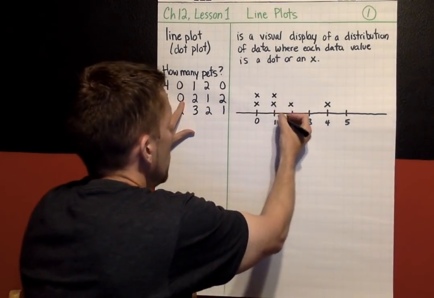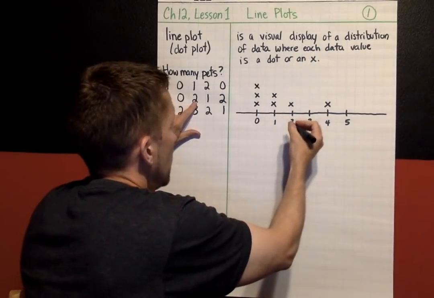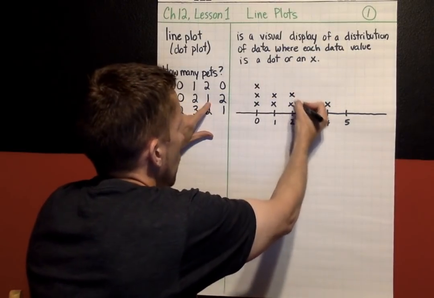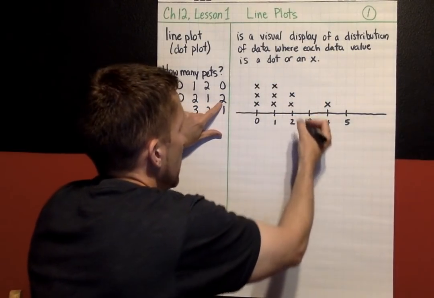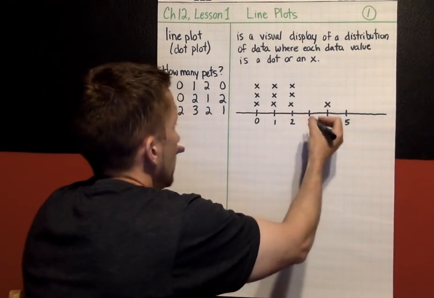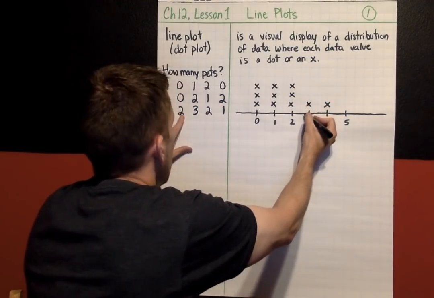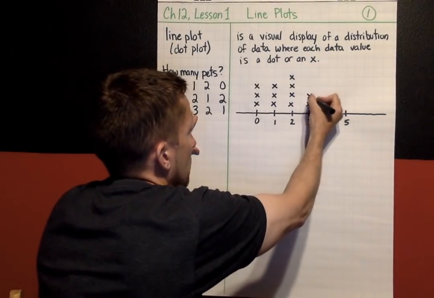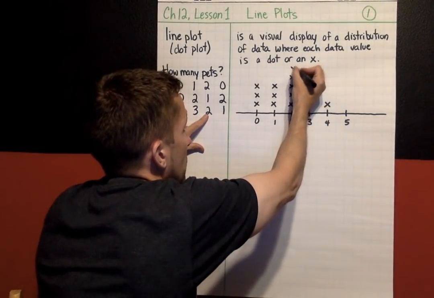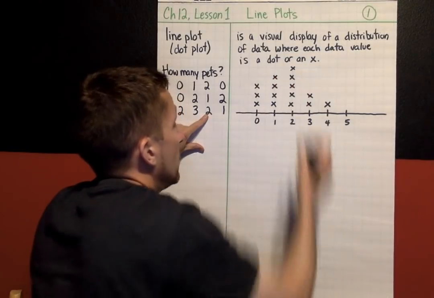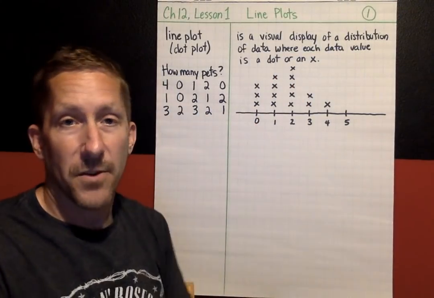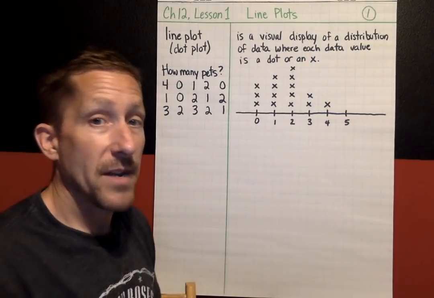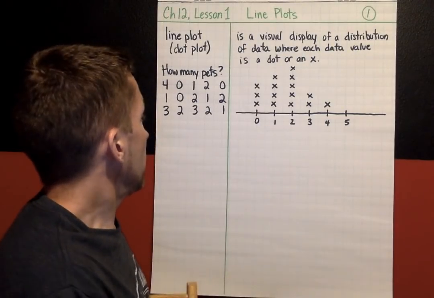Another 0, a 2, a 1, another 2, a 3, a 2, a 3, another 2, and a 1. So this is a visual representation of my data, a line plot.